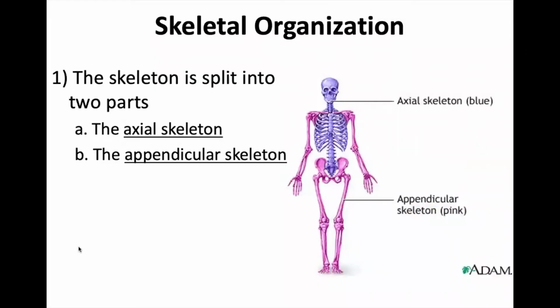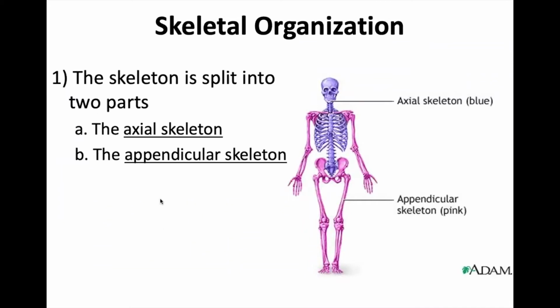All right, before we start naming these bones, let's talk about organizing them. We can lump all of our bones into one of two categories. We can either call them the axial skeleton, shown here in purple, or the appendicular skeleton, shown here in hot pink. This is actually very easy to remember. Axial kind of sounds like axle.